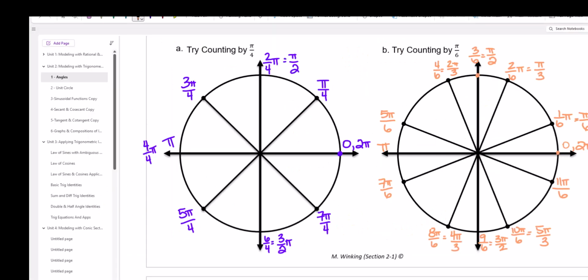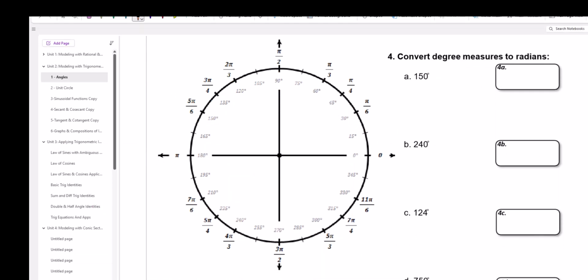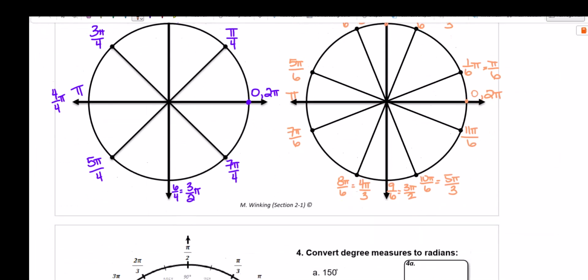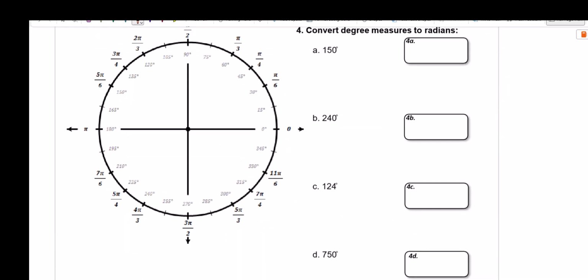Okay? Now what we're going to do is we are going to try converting from degrees to radians. So you are used to working with degrees, 150 degrees, 240 degrees, 124 degrees. Now what we want to do is we want to express this degree as a radian.